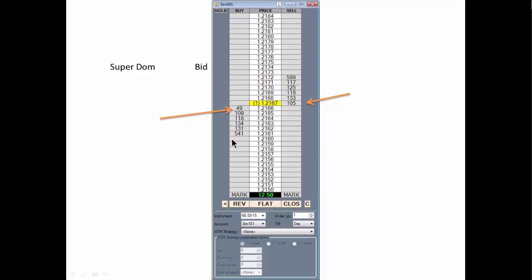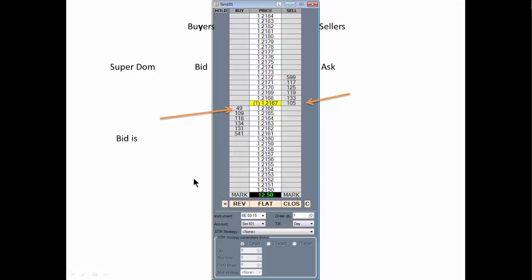This is the bid side, and these are buyers. And of course, the opposite of that is the sell side, which is the ask. So this side over here on the right is the ask, and those represent sellers and the prices that they're willing to sell at.